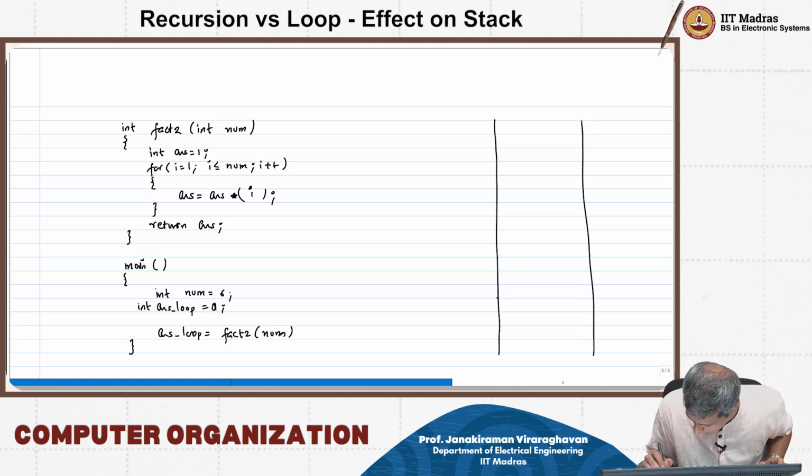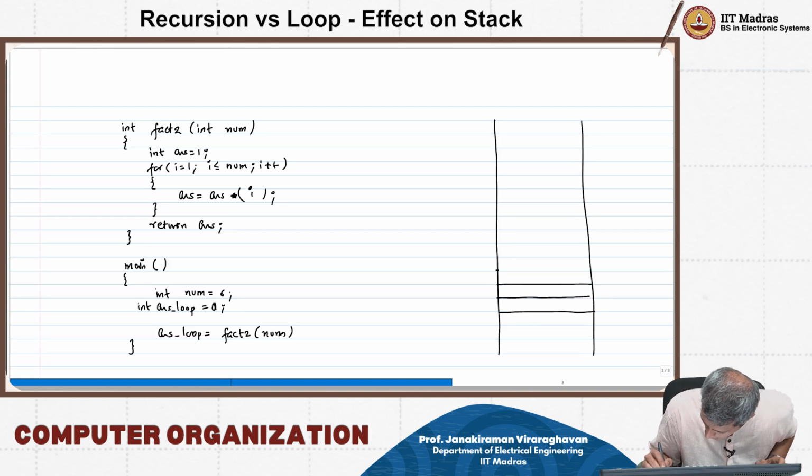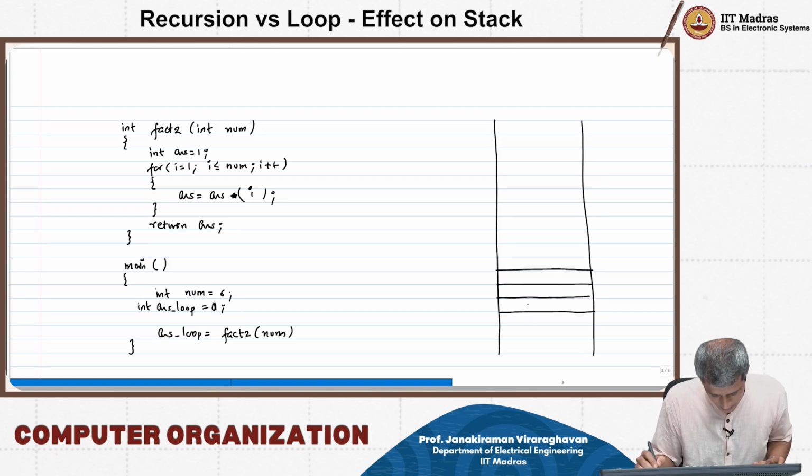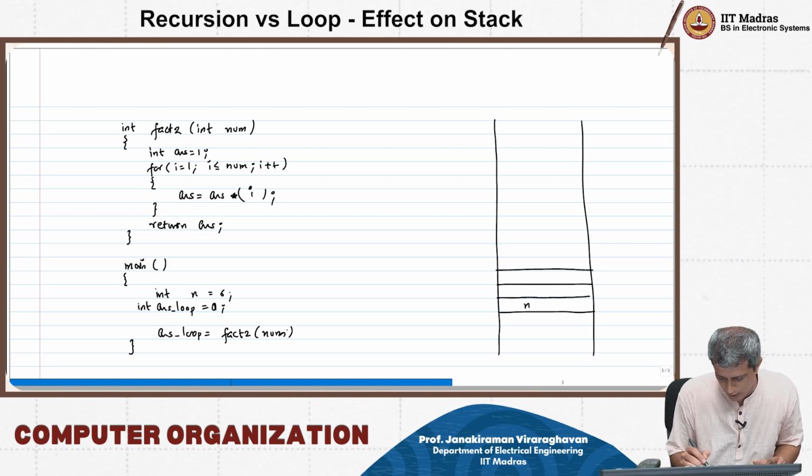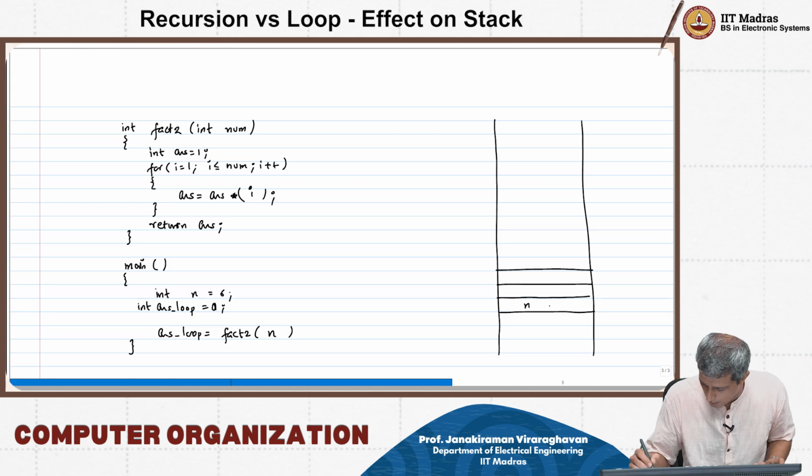Okay, so this is where I have my 3 variables for the main. This is n, I think we called it n there, n equal to 6, then answer_recursion, answer_loop.